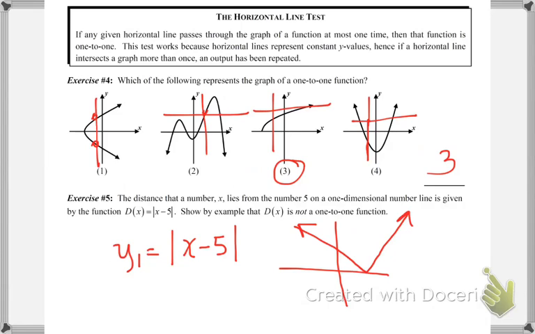And we see it's not a one-to-one function because it doesn't pass the horizontal line test. Or you can go to your table and see that your y values do repeat.